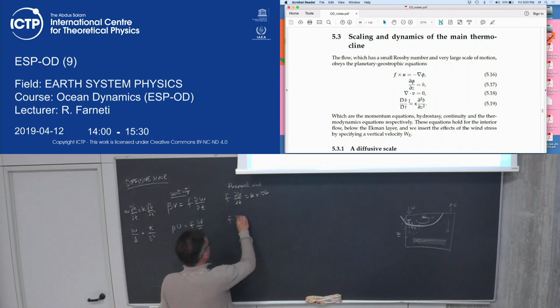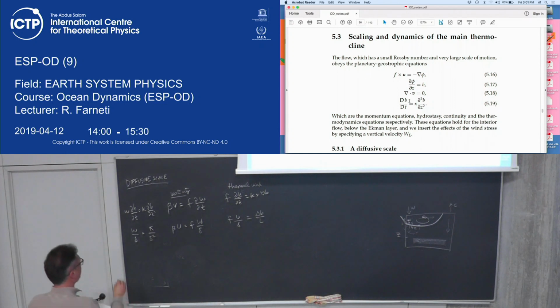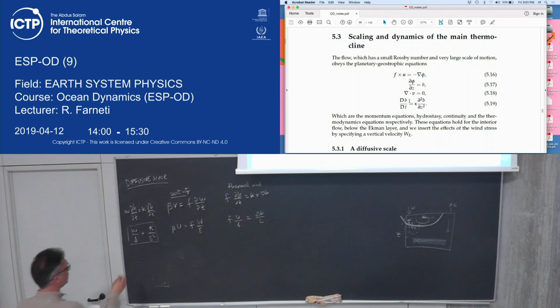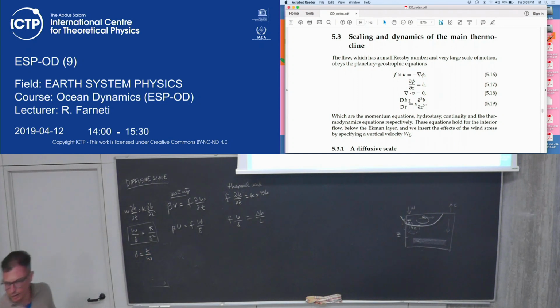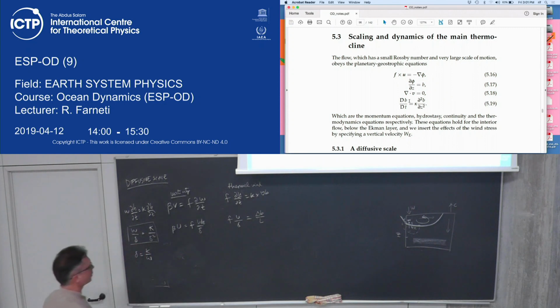Then here you have F U over delta equal to delta B over some L. So this, for the kinematic, is just a diffusive scaling as we did before, so it looks exactly the same as the one before. Okay. So this is delta equals kappa over vertical velocity, just as we did before. But now we have information for the vertical velocity that we can use.